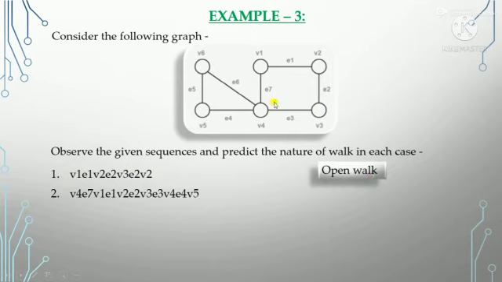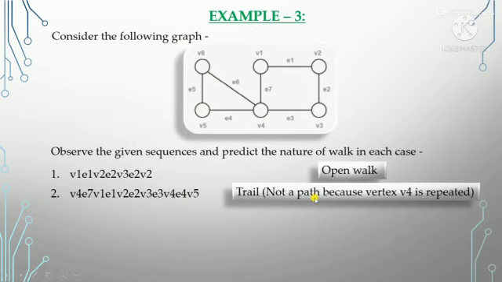Next, we have this walk: V4 E7 V1 E1 V2 E2 V3 E3 V4 E4 V5.